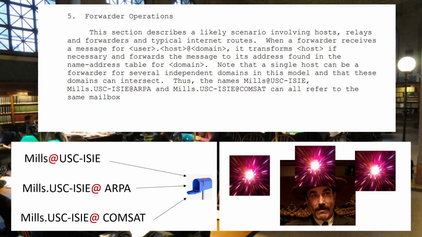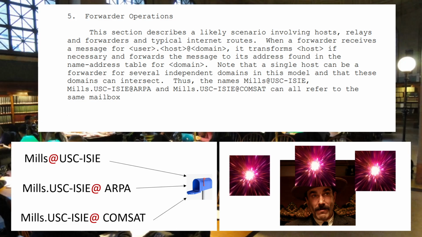Maybe they call it the ISI emailer, and so it got called the ISIE. So you've got mills at USC-ISIE, mills dot the host name at ARPA, and mills dot the host name at ComSat. So at ARPA, at ComSat, and as we know, those are domain names which were suggested by Mills. So those three names can all refer to the same mailbox.